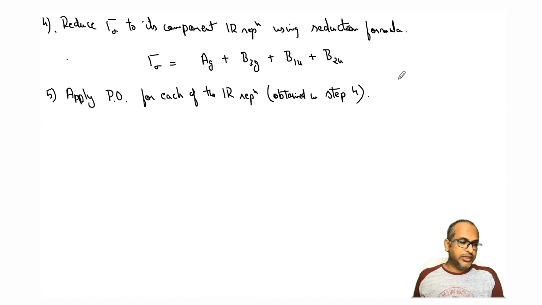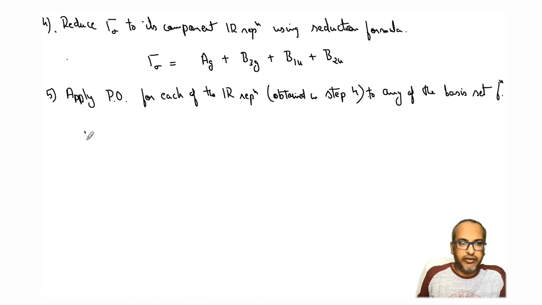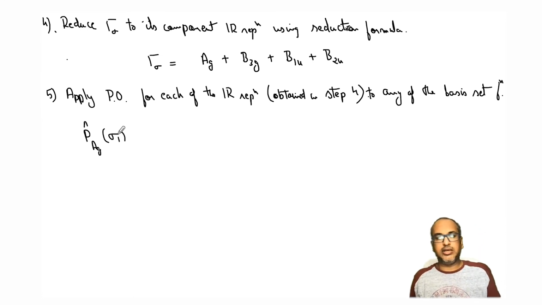So apply each representation to any of the basis set functions. What do I mean? Let's say I want to find the linear combination of the basis which has symmetry AG. I will apply the projection operator corresponding to AG onto sigma 1. You can choose any of these basis functions.